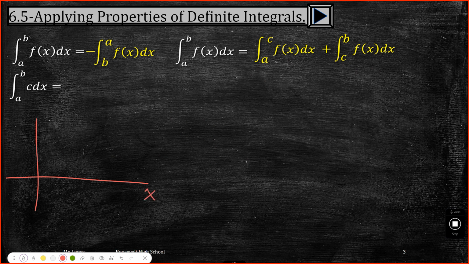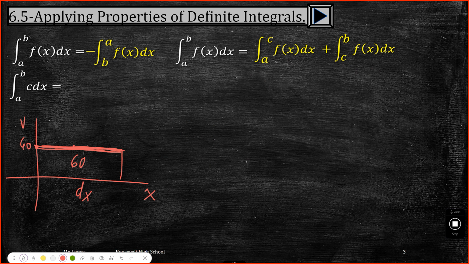Say this is x, and this is velocity, v, and you're going at a constant velocity of 60 miles an hour. So c is your constant velocity, and c is 60 times that dx.